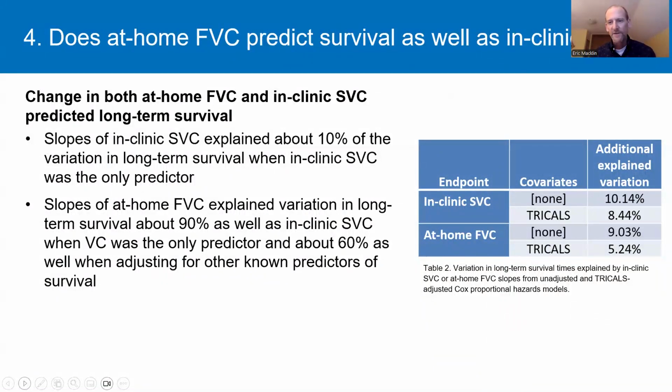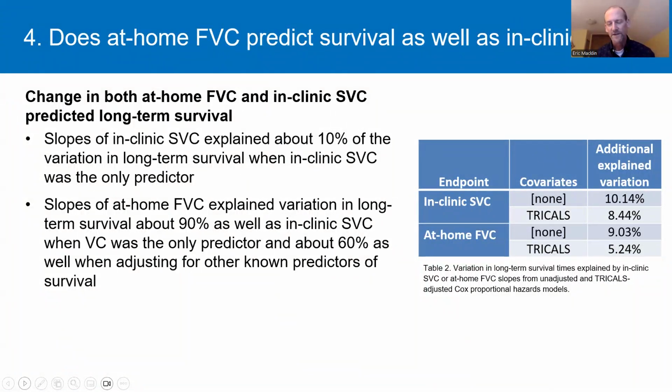If we adjust for other things that we know about these participants, like how long they've had the disease, how quickly they were progressing before we started following them in the trial, and whether they had bulbar onset or an impairment of the ability to speak or swallow, there's a range of features predictive of someone's survival that's subsumed within this measure called the tricals.